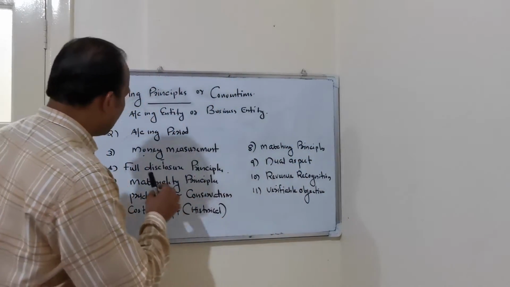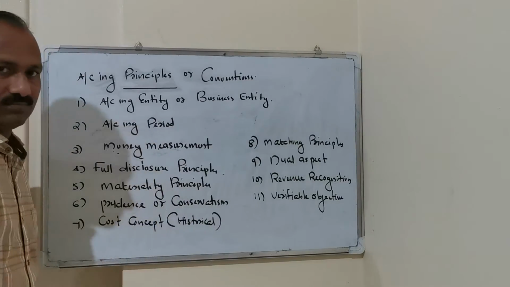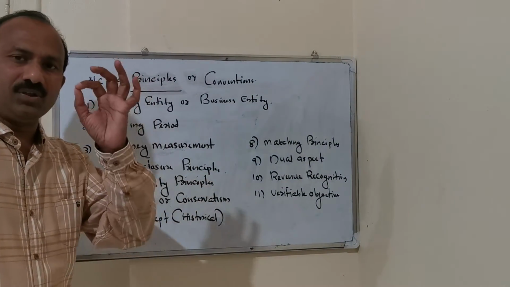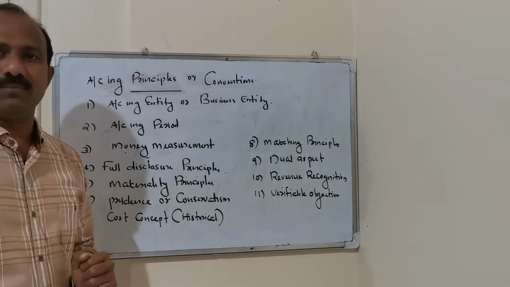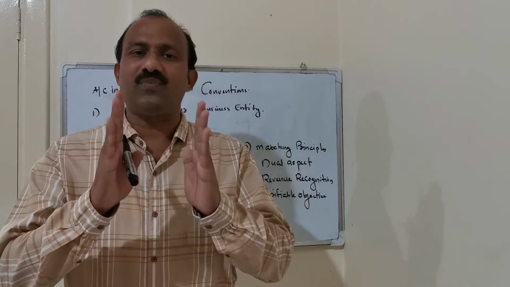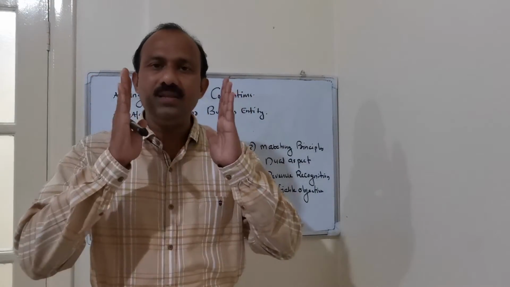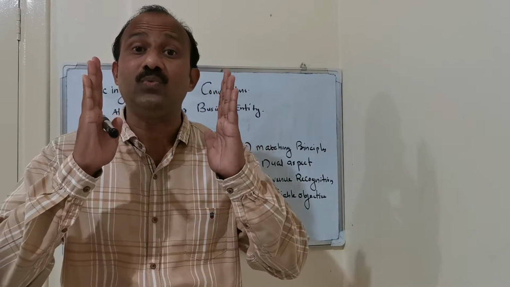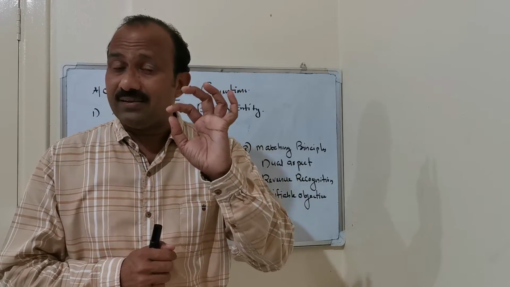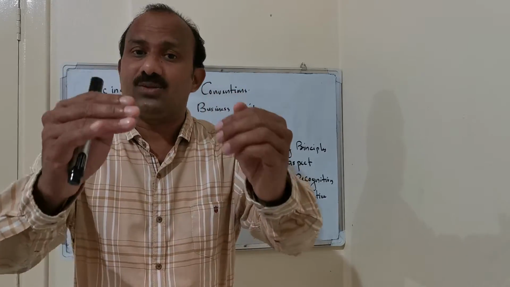The next point is the full disclosure principle. Whenever you are preparing the books of account of a company, you have to disclose all the known factors truthfully and perfectly. But it does not mean trade secrets should be disclosed.